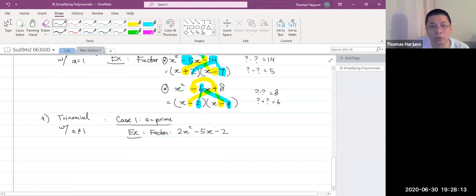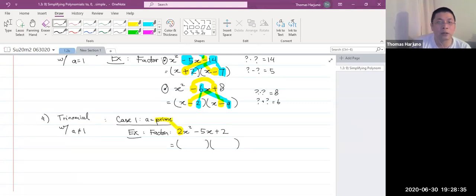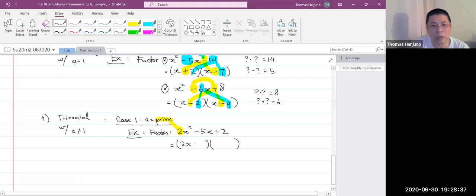I'm sorry, plus 2, not 9. My way of doing is the following. I do parentheses first, right? The reason I separate the case of leading coefficient prime and composite is the following. Even though the leading coefficient is not 1, because it is prime, it has only one possible pair, that is 2x and x. If it is factorable, it must be this way.